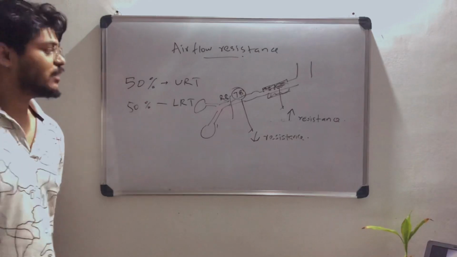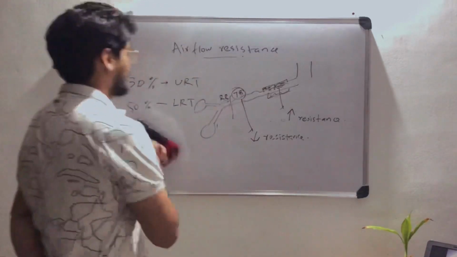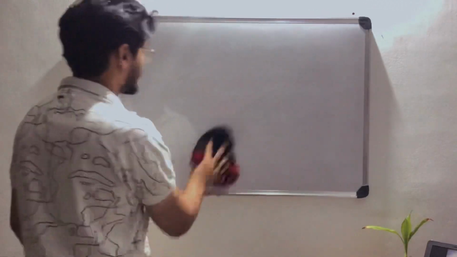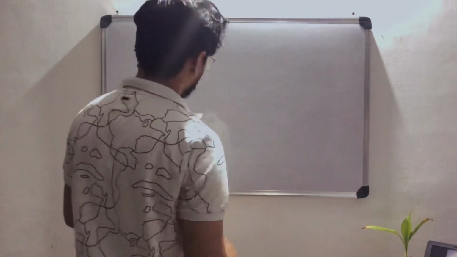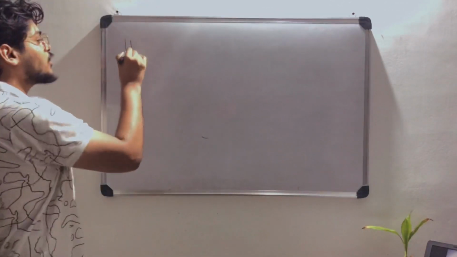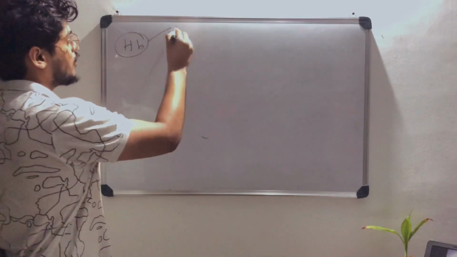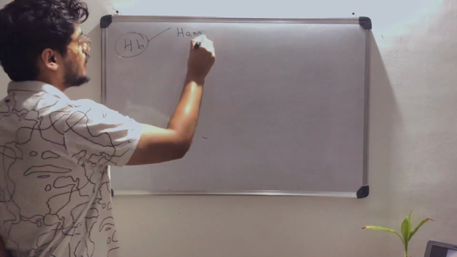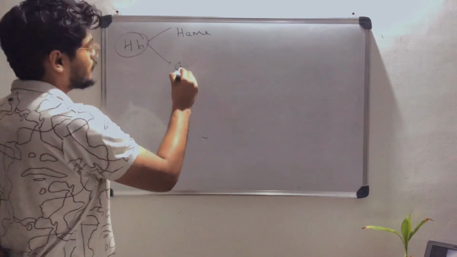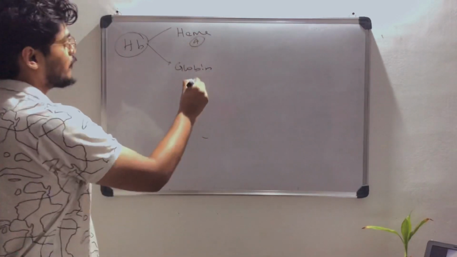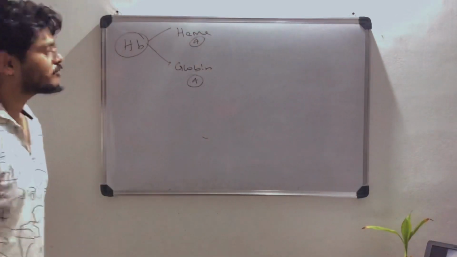Next, let's check on to hemoglobin. We know that hemoglobin consists of heme and globin. 4 molecules of heme and 4 molecules of globin. Right?